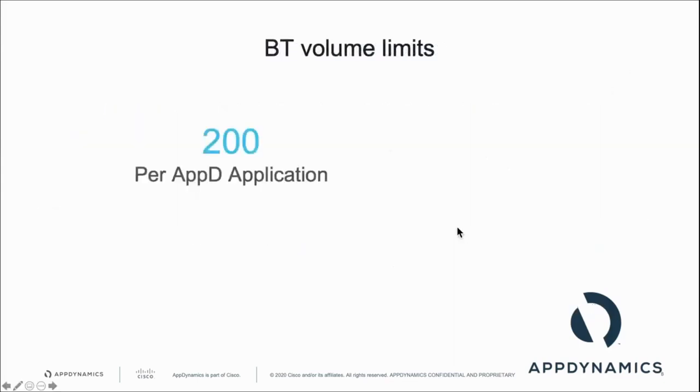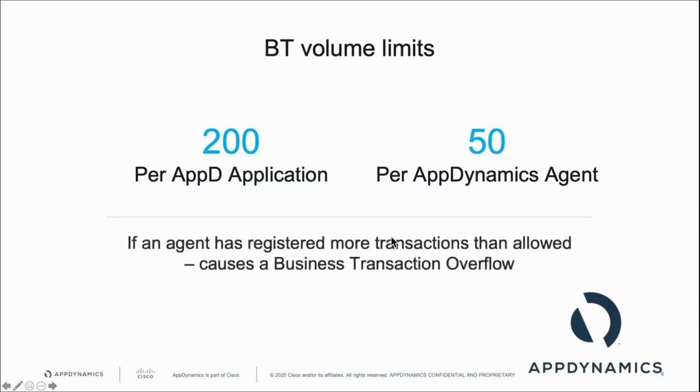The limits that we have on our AppDynamics business transactions are 200 business transactions per business application and 50 business transactions per agent. If traffic exceeds the 50 business transactions per agent limit, any additionally detected business transactions will be captured and aggregated into a virtual business transaction called all other traffic.